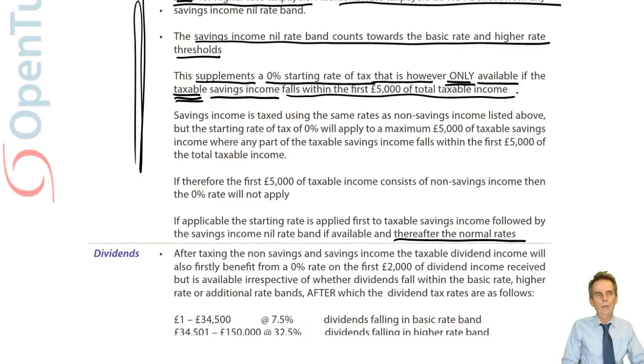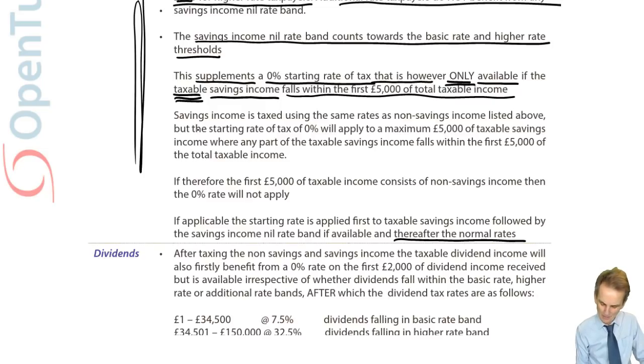So we know at the bottom of the computation, we have computed up to 4 figures of taxable income: a total figure, if we need it, and up to 3 analysis columns, non-savings, savings and dividend. And we tax our taxable income in that order. So it's firstly non-savings income.